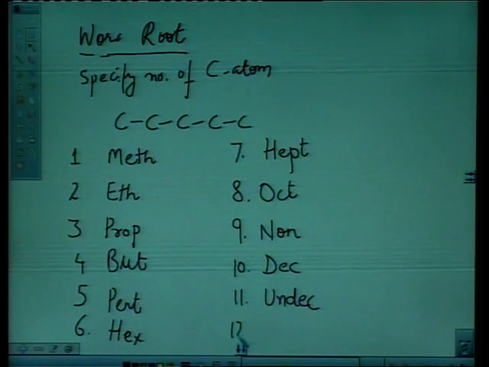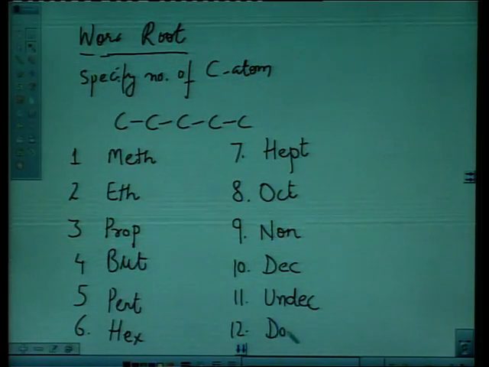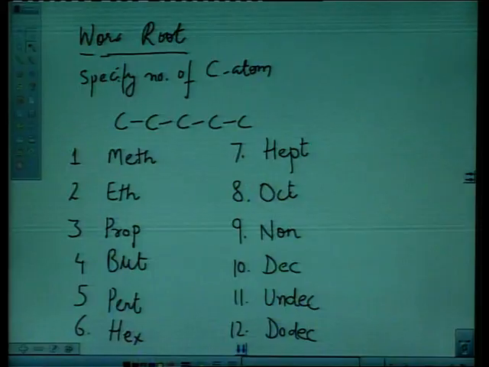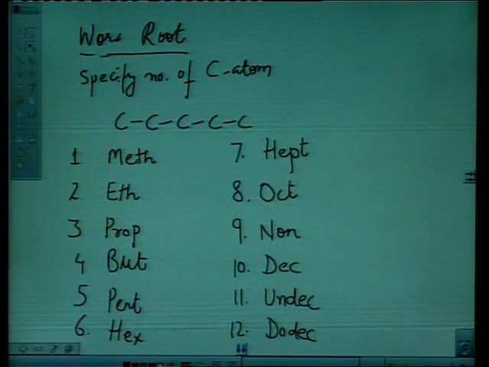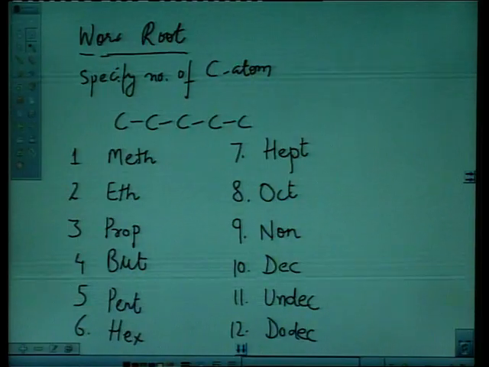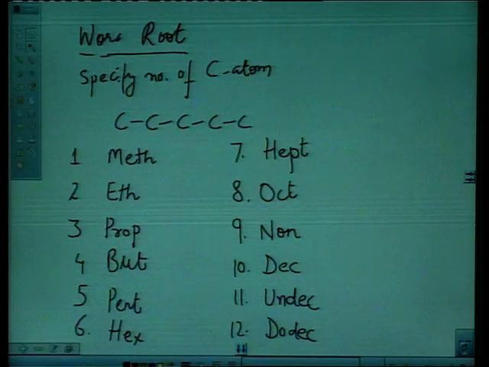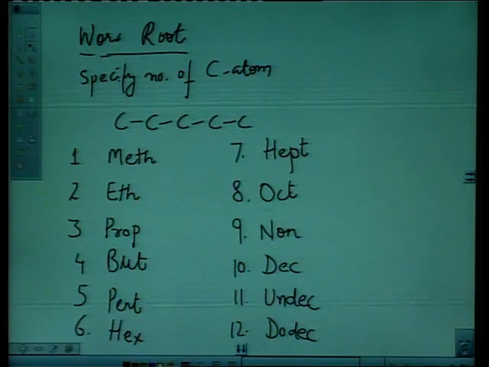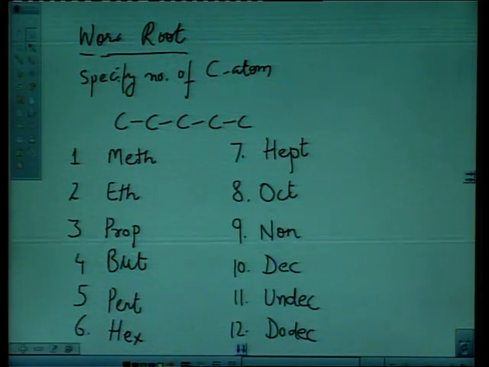For 12, dodec. According to the number of carbon atoms, the word root is given. If there are more carbon atoms, word roots are also specified for 20, 50, 100, and for 1000, 2000. So there are names for them.